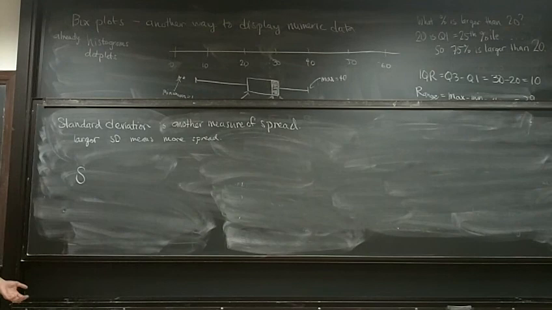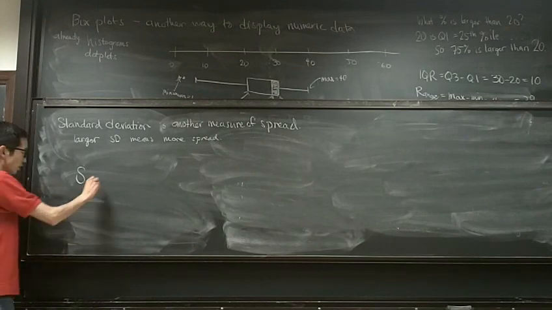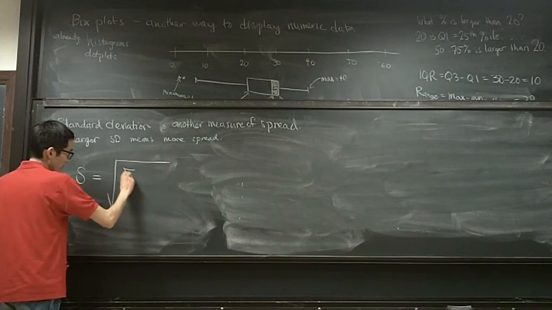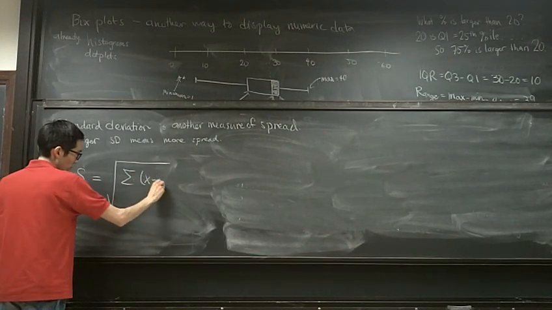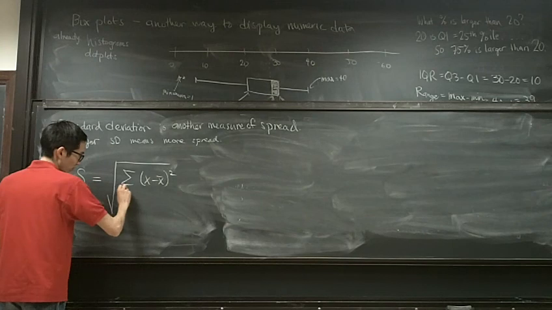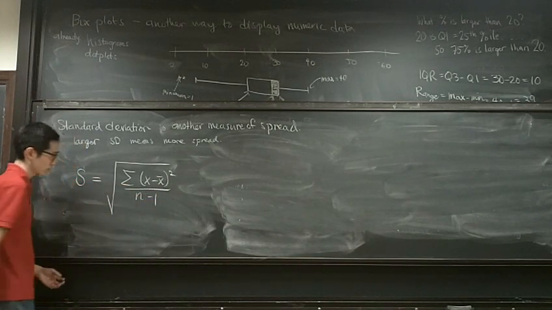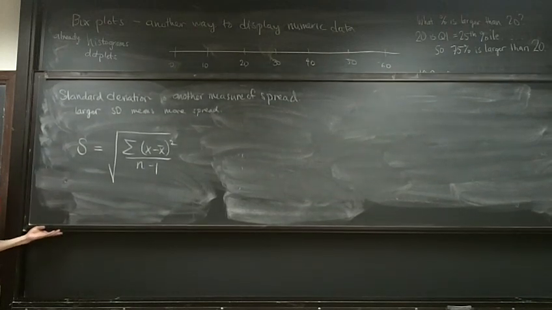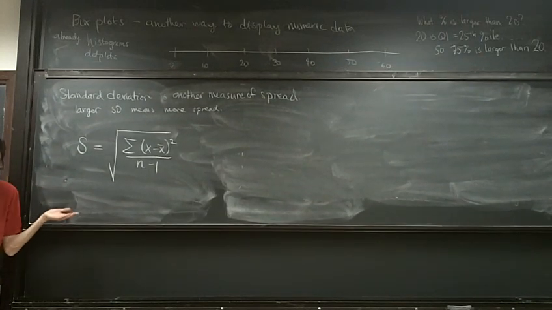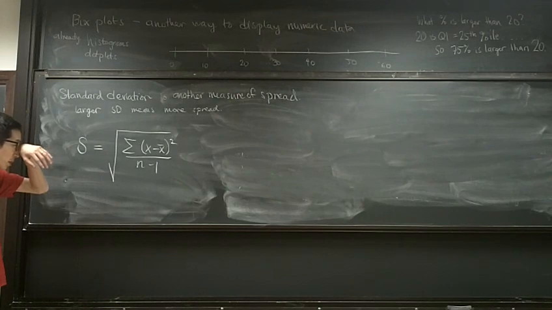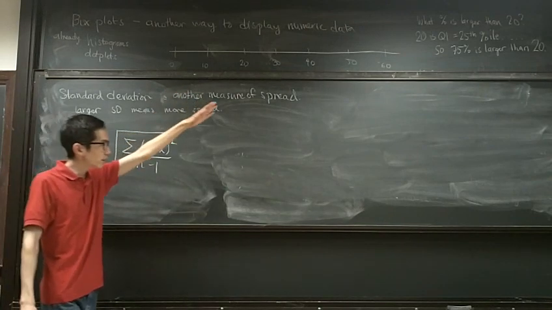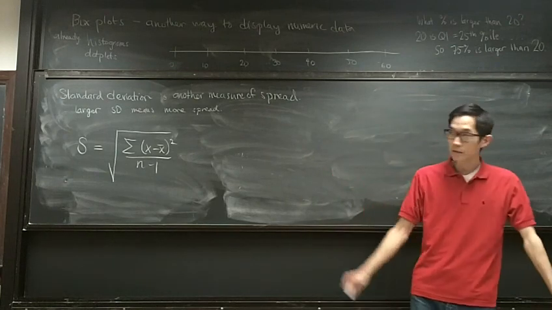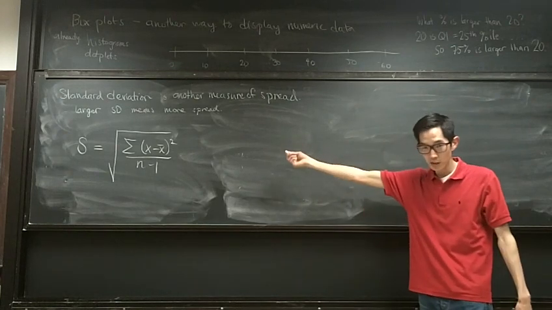S is the symbol that we use for the standard deviation. If you don't like formulas, don't worry about it. I will write out the steps for finding the standard deviation, and all of the steps are summarized inside the formula.